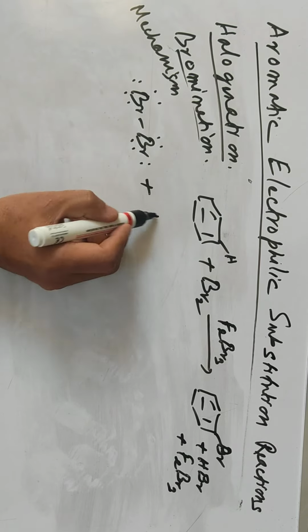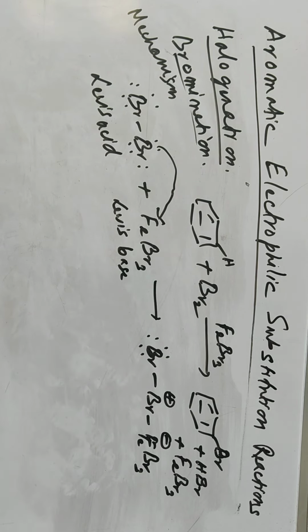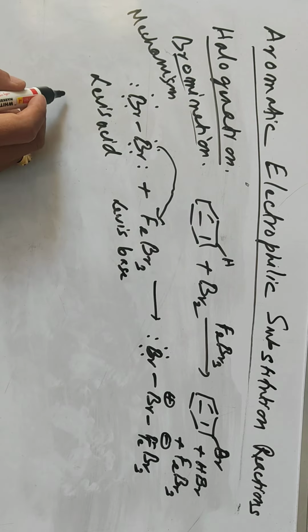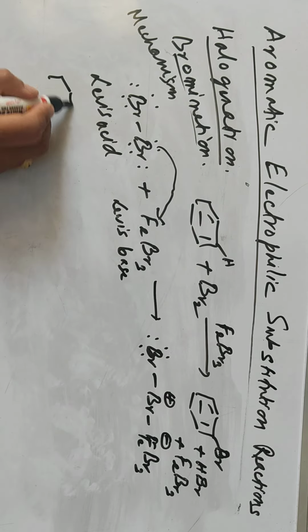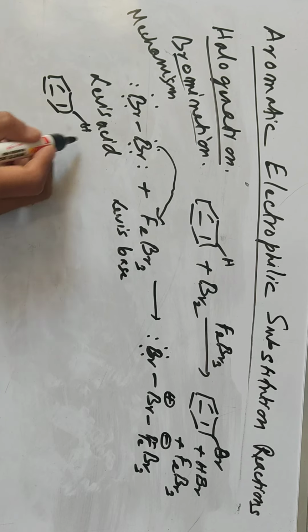I'm repeating again: the Lewis acid-base reaction of bromine with ferric bromide forms a species with a weakly polarized Br-Br bond. This then reacts with the benzene ring. In the second step, it attacks the benzene ring.